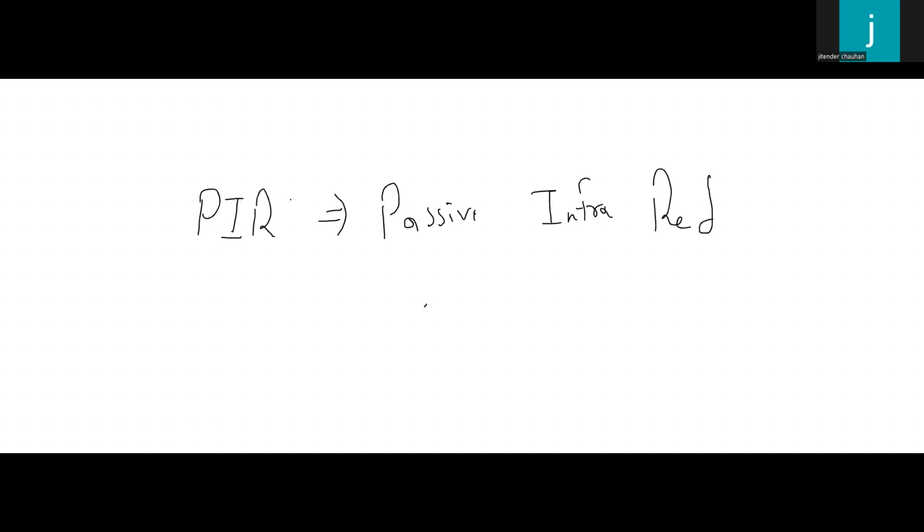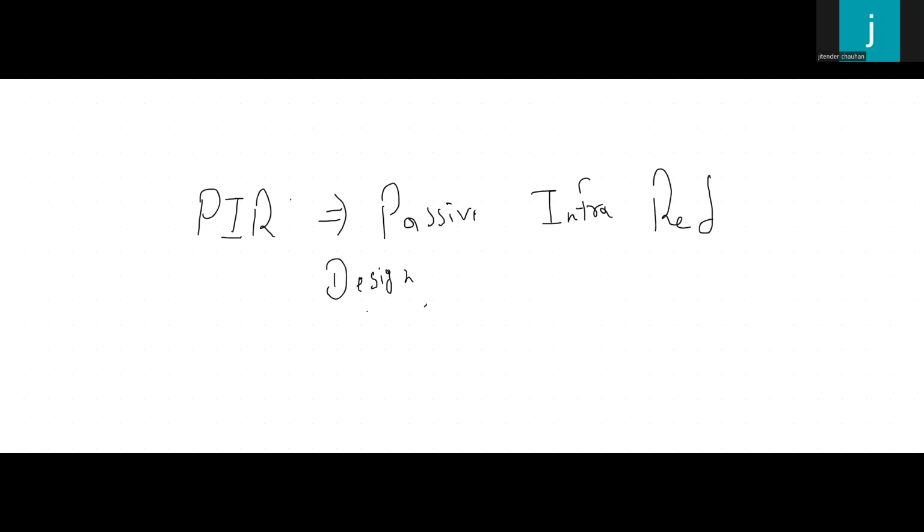First of all, what is the design of this sensor? A PIR sensor consists of two slots or elements made up of a special material that is sensitive to infrared radiation.